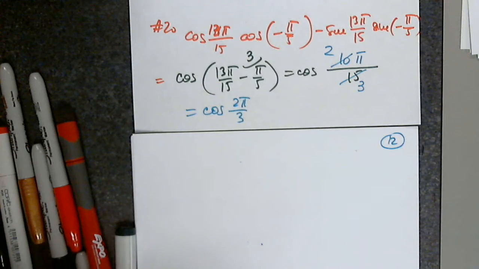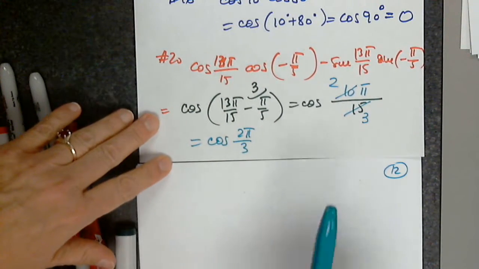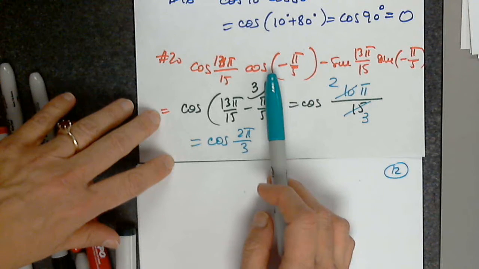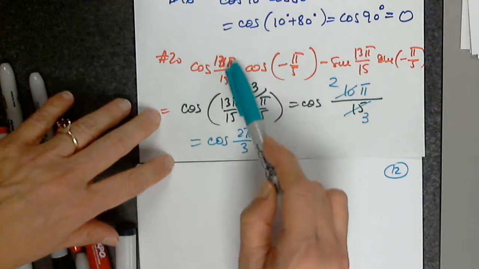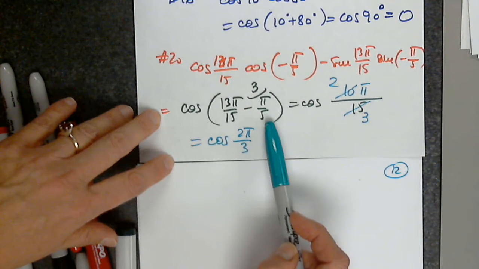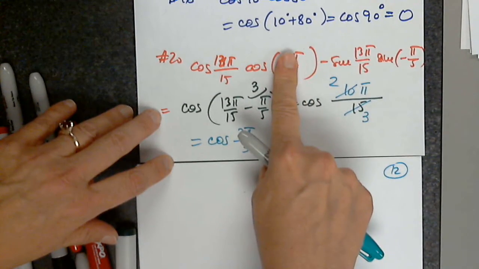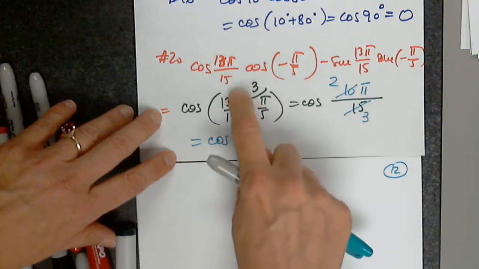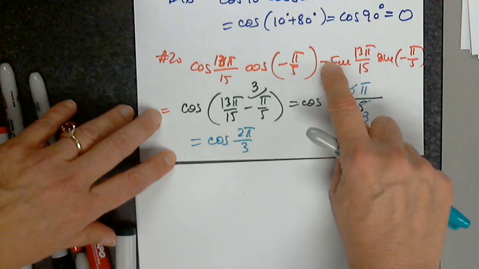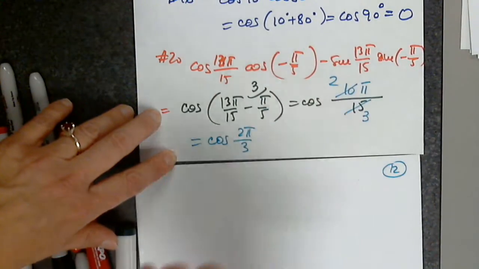Question. Yes. Alpha plus beta. You cannot change the sign on this. Oh, okay. It's still alpha plus beta. Because it's minus here. So it's alpha plus beta.